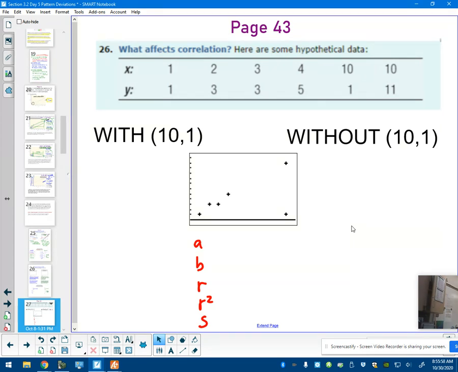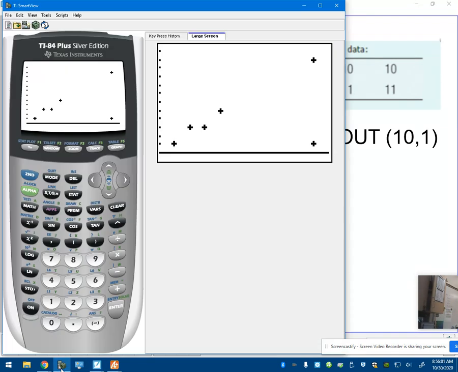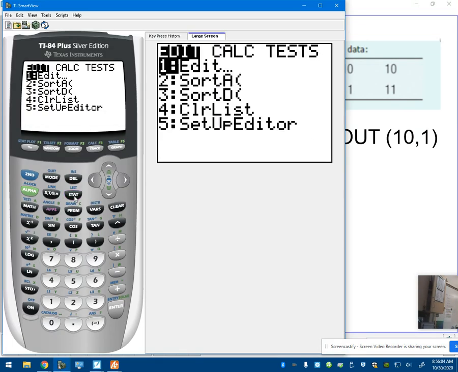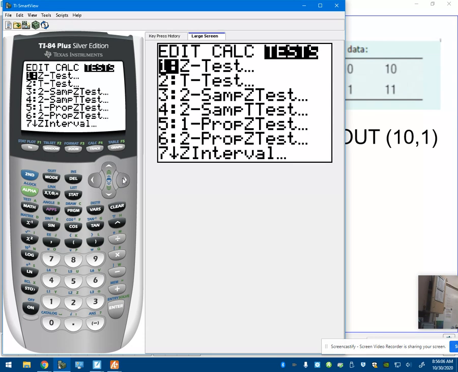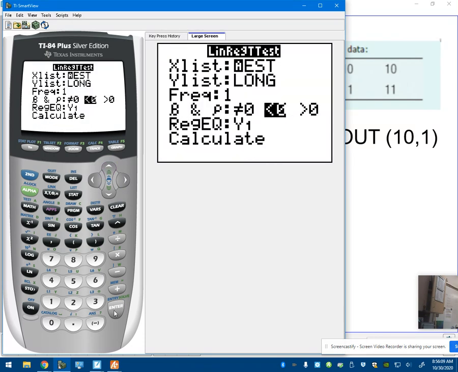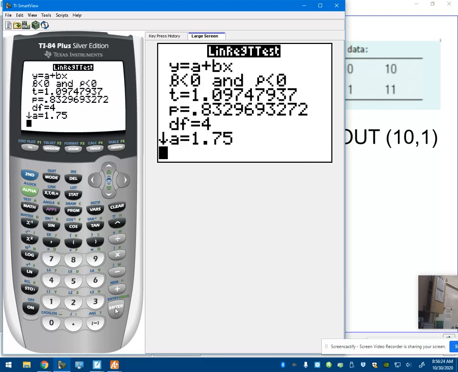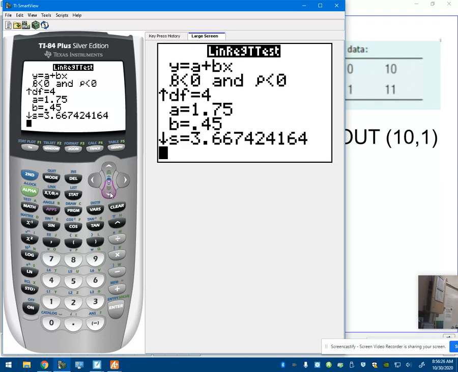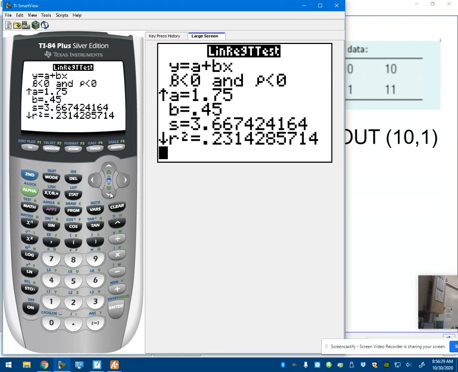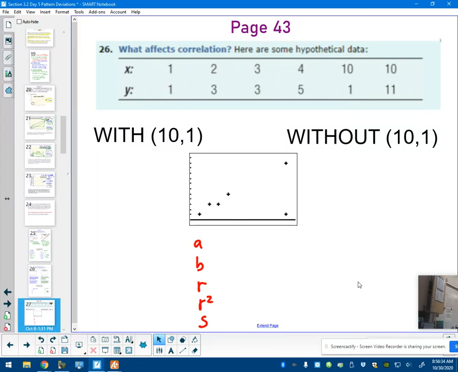Okay, we ready? What's the next thing I do with the data set? Stat, test, up to LinRegTTest, put in second 1 and second 2. Make sure you have a Y1 in there and hit calculate. And I'm going to put all of this information down: A, B, S, R squared, and R. So A is 1.75.